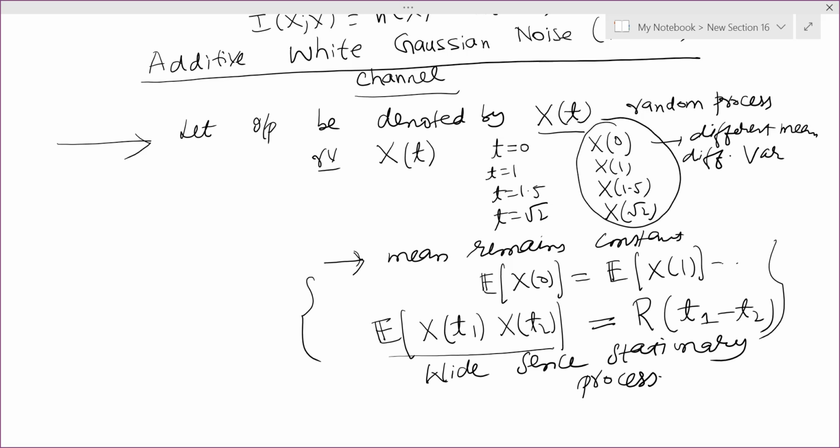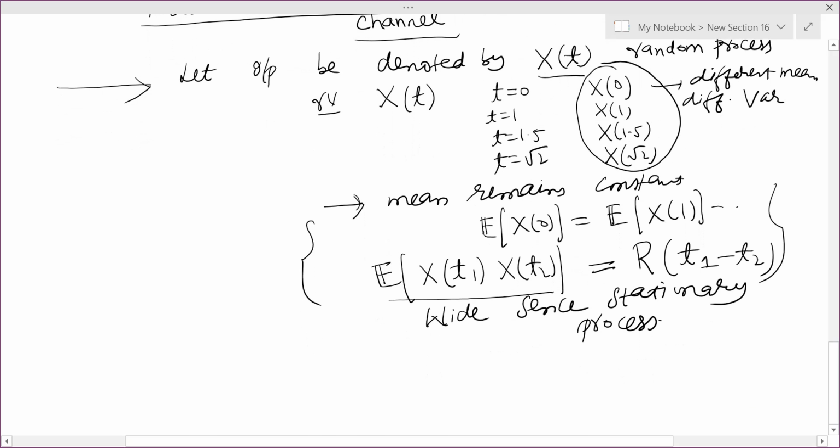Not dynamic. That is the reason for it. So we will assume throughout that most of the processes we have are random.